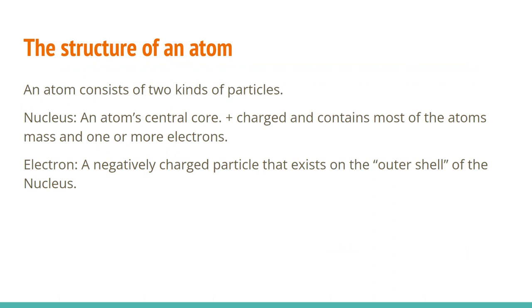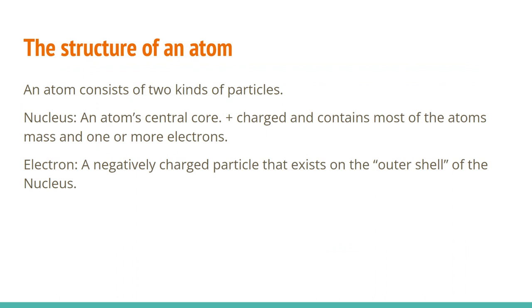What goes in there are protons and neutrons, and electrons kind of exist on the outer shell of the nucleus. And when scientists say outer shell, you might wonder why it's called that. It can also be called other things such as orbitals, and orbital diagrams will be taught much later into Gen Chem.